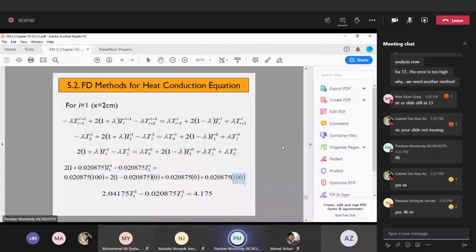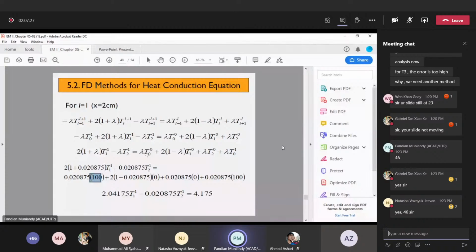Now you form the left hand side, the unknowns T1 and T2. The rest all goes to right hand side because we are creating the linear system. So all the constants are on the right hand side. If you notice this one T naught naught, yeah, T naught naught still 100. Make sure, because this is T subscript 0.